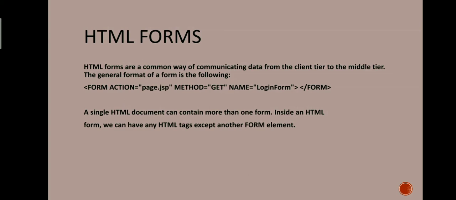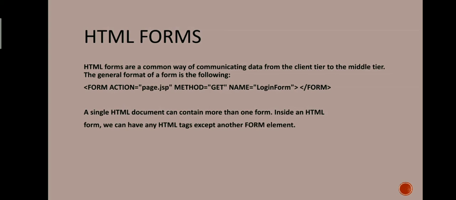Here form is a tag, and under this tag action, method and name are the attributes. Form action equals page.jsp, method equals get, and name equals login form, and then the form tag has been closed here. A single HTML document can contain more than one form.